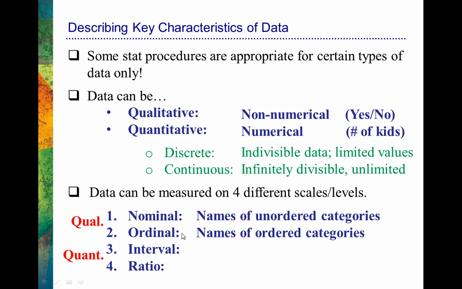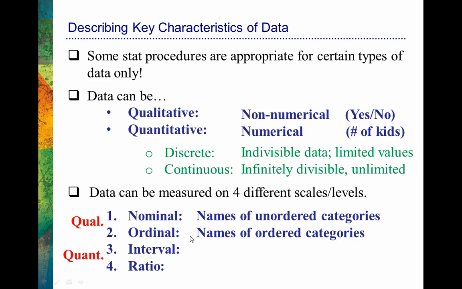Now, to kind of distinguish between these categories, you always want to ask yourself some critical question to see if you can move to the next category. So the critical question I would ask to distinguish these categories is simply, can I order those categories in a meaningful way? Now, the next question that I would ask is, even though I can order these categories in a meaningful way when I'm dealing with ordinal level data, I can't necessarily be assured that the difference between one category to the next category is the same amount of difference along the entire number line.